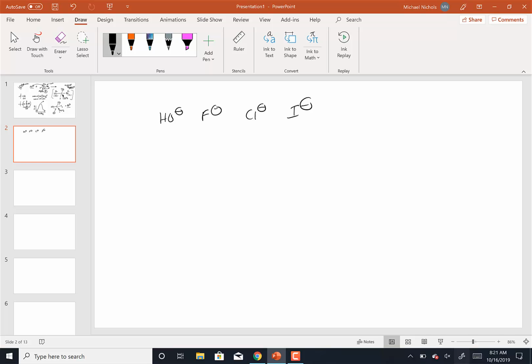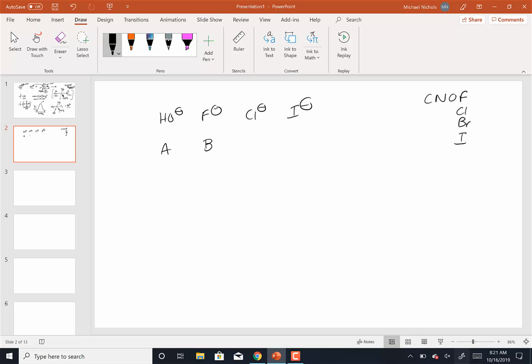If I gave you hydroxide, fluoride, chloride, iodide, it's going to go CNOF, Cl, Br, and I on my periodic table. If I gave you these four, which of these do you think is the strongest nucleophile?